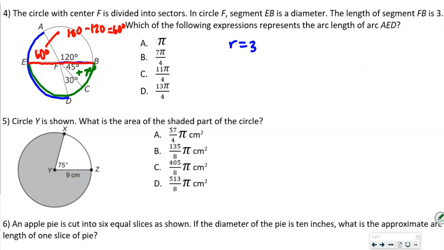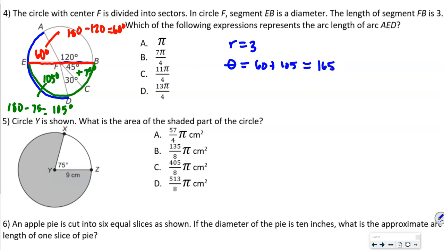So to find this piece right here, we're going to take 180 again, subtract 75, and that's equal to 105, okay? So now we need to add the 60 and the 105 together to get arc AED. So we want the blue arc, so we're going to say that theta is equal to 60 plus 105, which is 165.